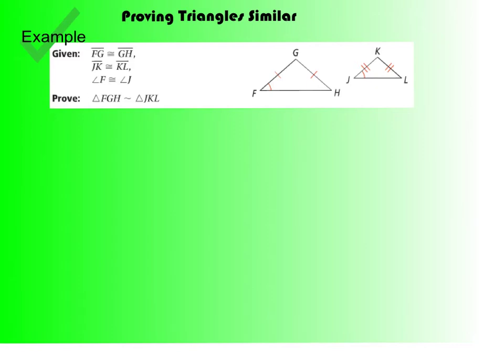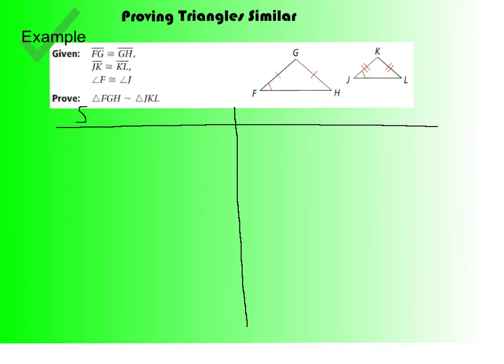First of all, we have to remember we've got a 2-column proof. So I'm going to set up my 2 columns here. On one side, I'm going to have all my statements. On the other side, I'm going to have all of my reasons.